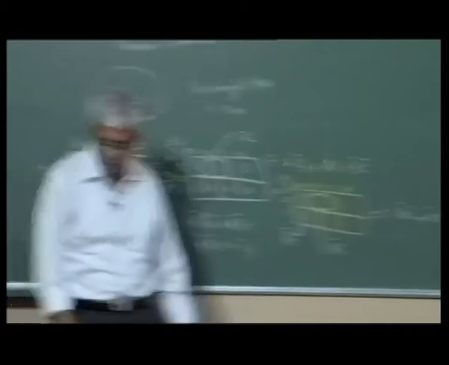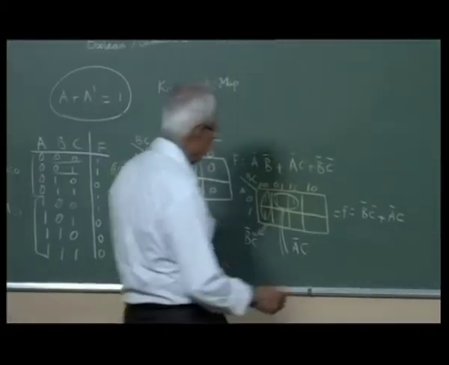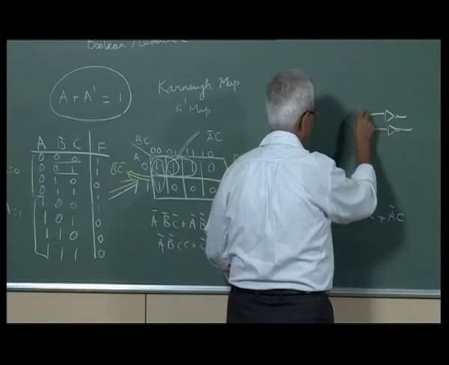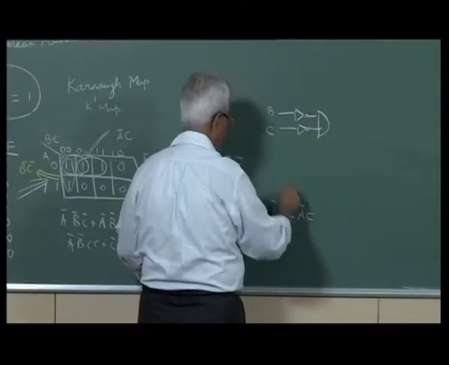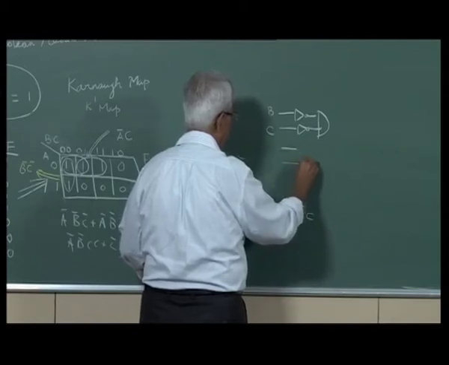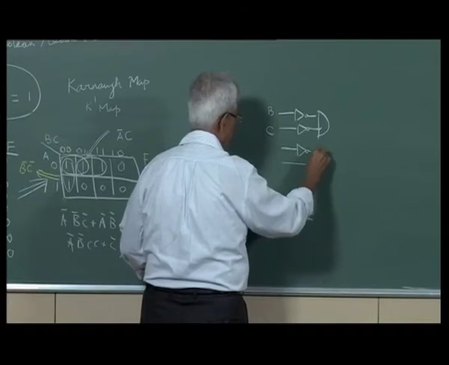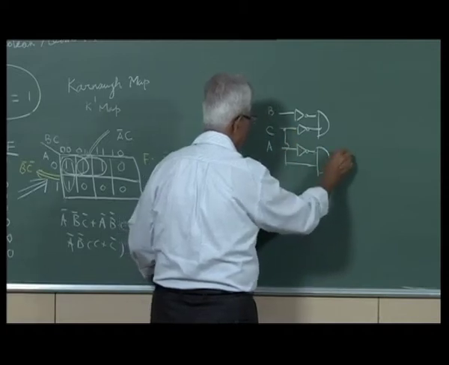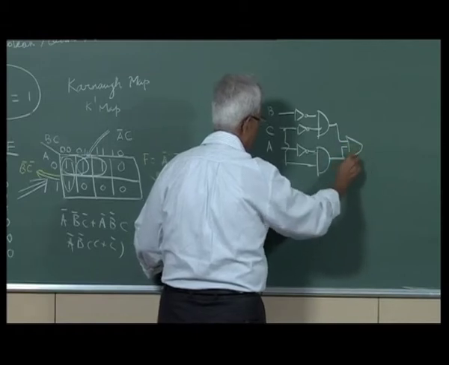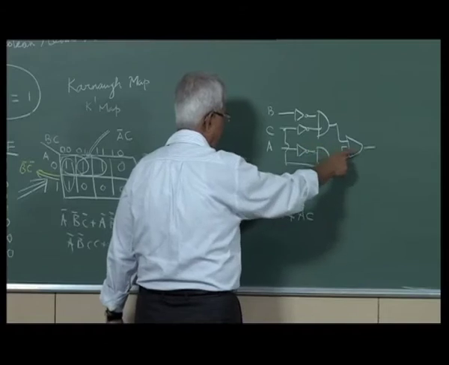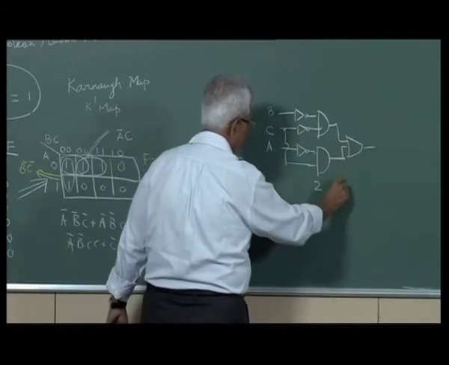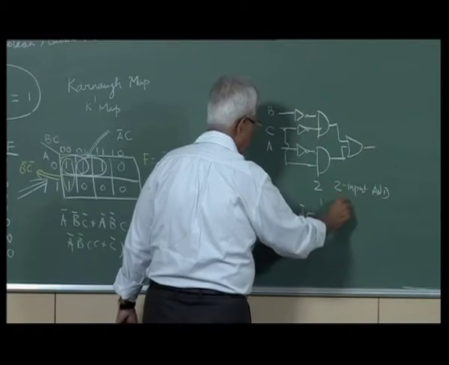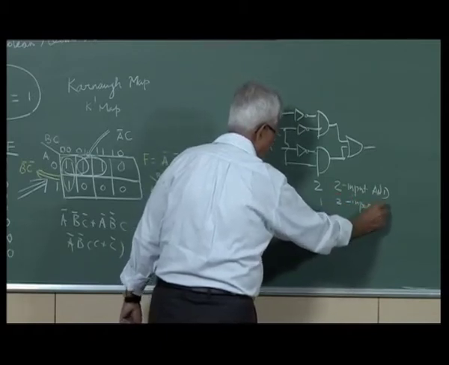So if I now want to make this, I can draw a circuit with B bar C bar, A bar C. I use two AND gates, one OR gate, three inverters: two 2-input AND gates, one 2-input OR gate, three inverters.